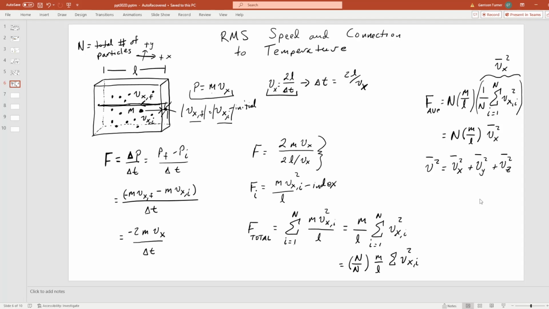And so there's another assumption that goes in here, and this is the assumption of isotropy.